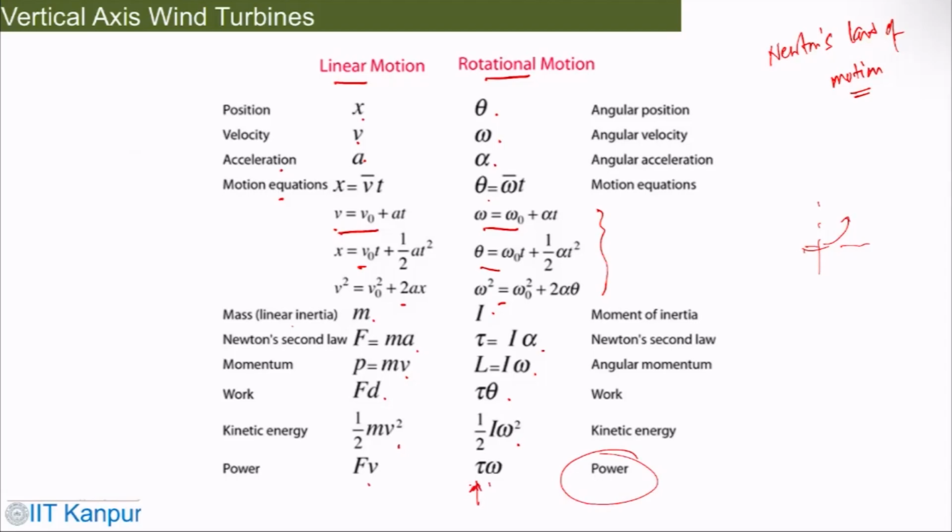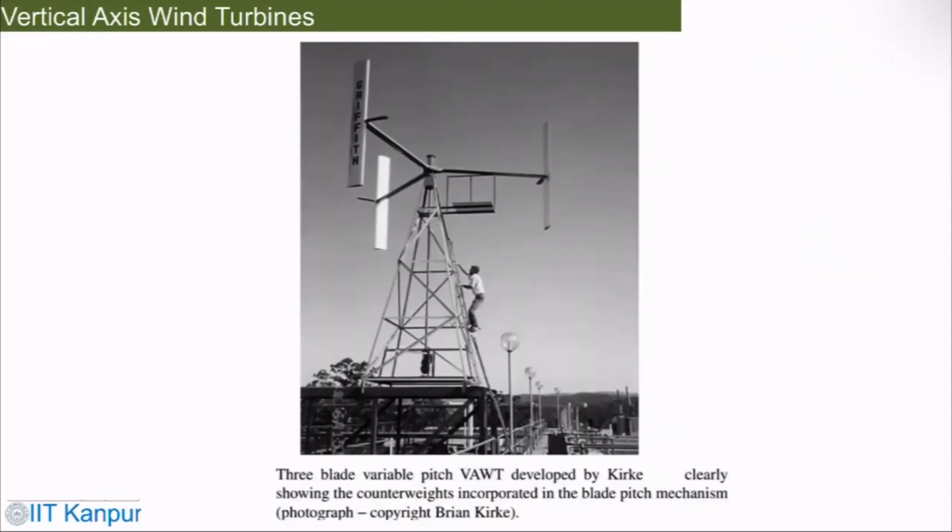Here is another picture of a vertical axis wind turbine, which is again a Darrieus type. You can see the structure is made such that it can be used for maintenance purposes and things like that.